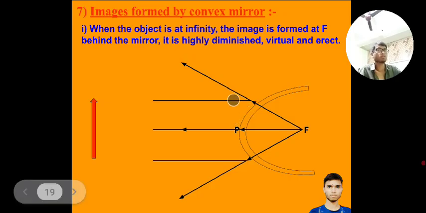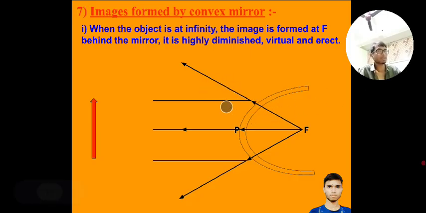Here you will see that the ray going at infinity is not touching the principal axis. There is no intersection of the reflected rays after hitting the mirror.